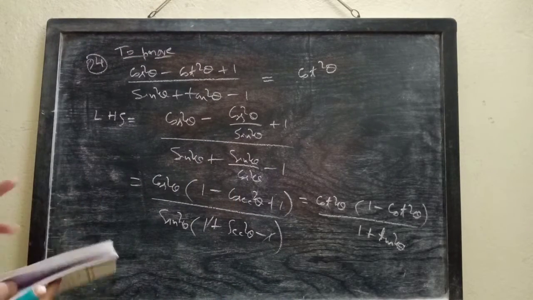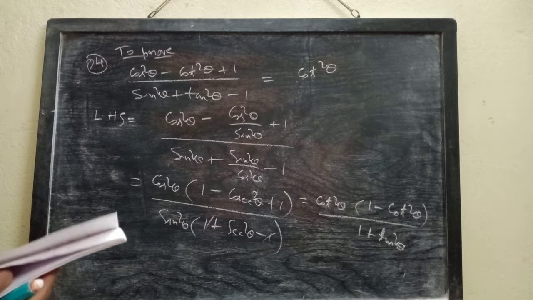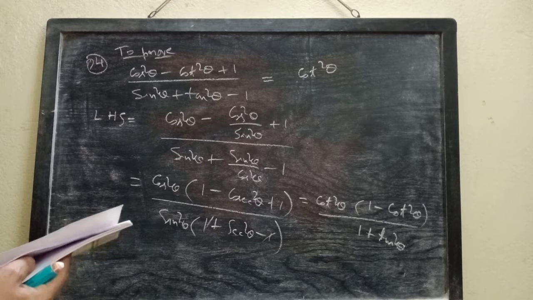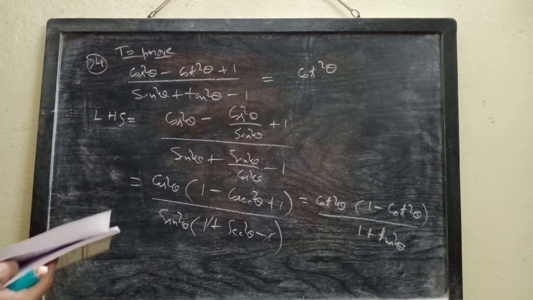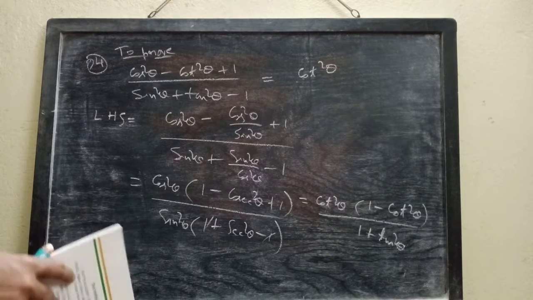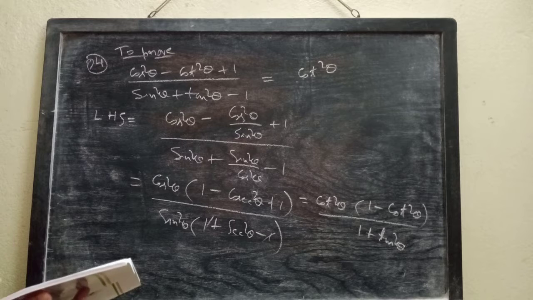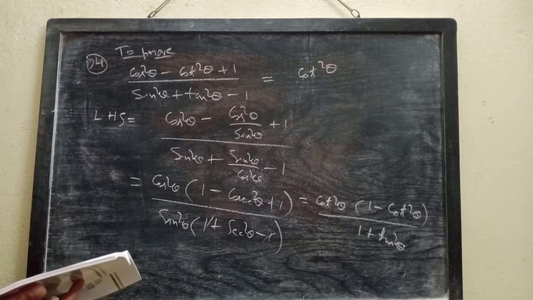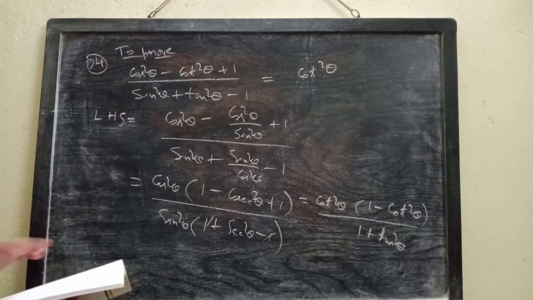Then how will it be possible to get cos square theta? Cos square theta minus cos square theta plus 1, sin square theta, tan square theta minus 1.